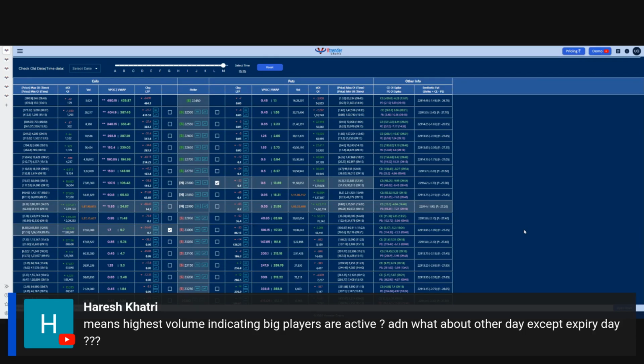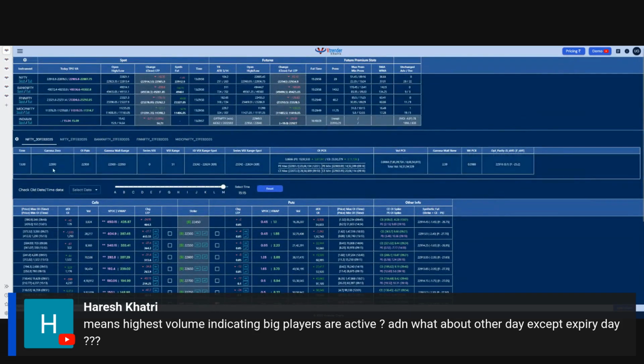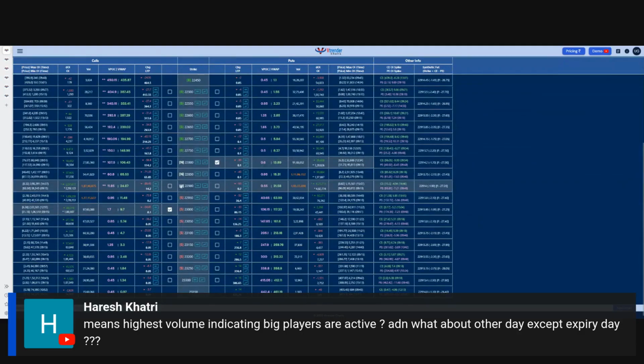So whether it is an expiry day or not, we always follow where the gamma zero is. We always see where the highest volumes are in the option table, and then accordingly look to take trades in that option. So we have been having a balance. When you have a balance, you know the stage is more set for option writers, but it does not mean you can blindly write options anywhere.